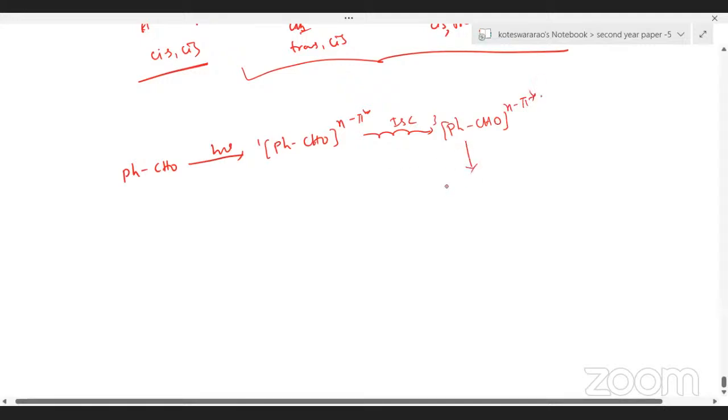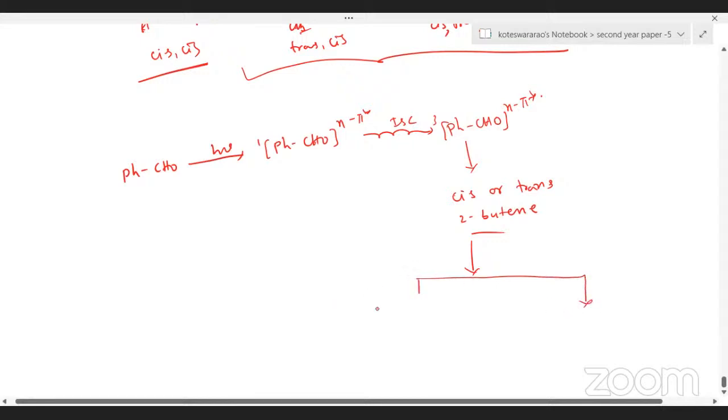Now this will collide with the cis or trans 2-butene. Now it leads to the formation of two kinds of intermediates. What are the two kinds of intermediates? Look here. Yes, two kinds of intermediates are generated.